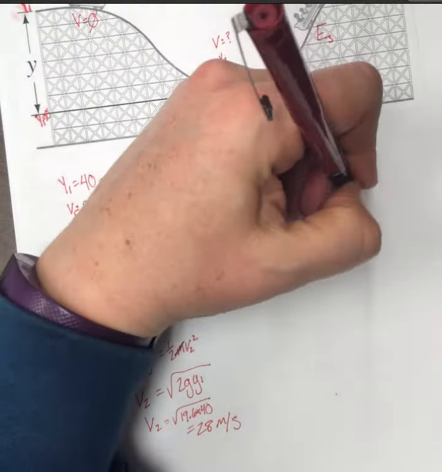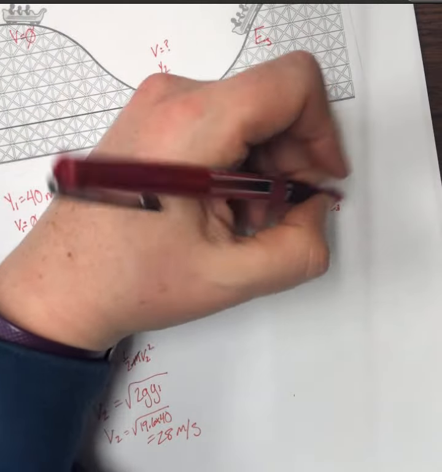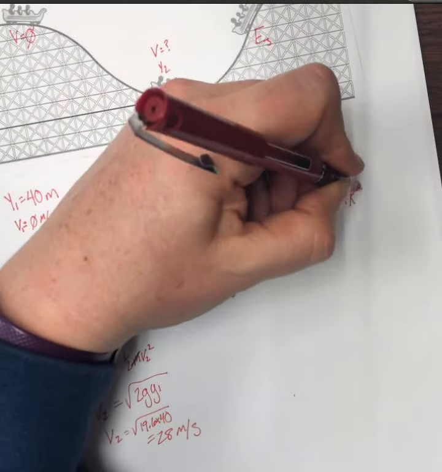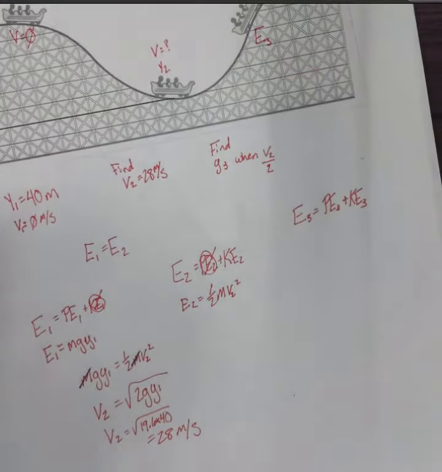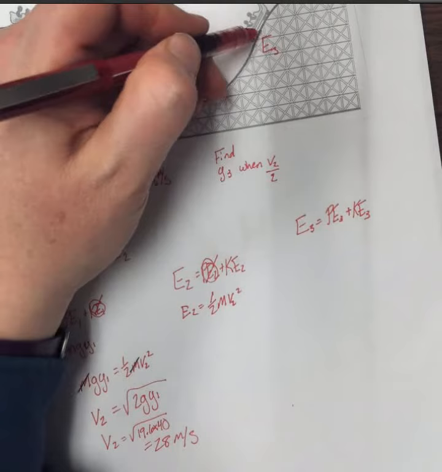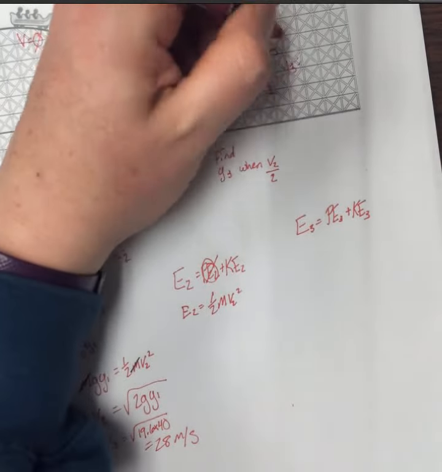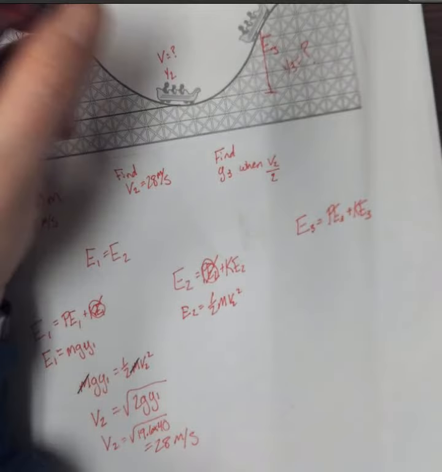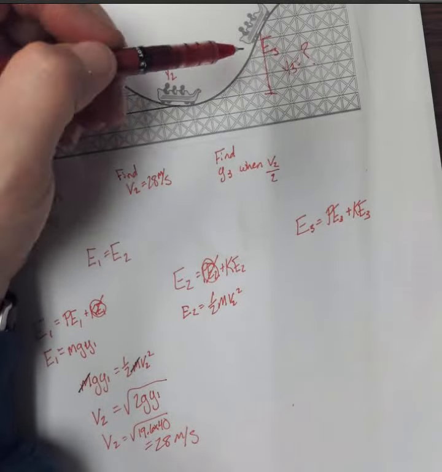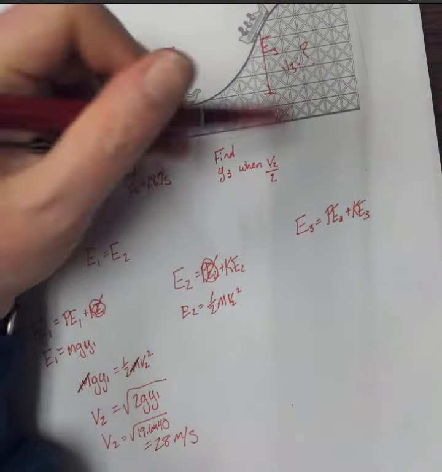And E3 is going to be made of the potential energy at point 3 plus the kinetic energy at point 3. And the only thing we know about point E3, we don't know what Y3 equals. We just are unaware of it. But we do know that at point E3, the point that we're interested in, the velocity that we found at Y2 is cut in half.